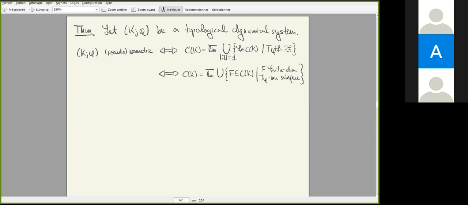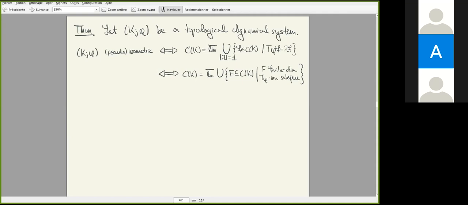Well, one of the things that makes sense to do is to have a look, first of all, at how one proves this characterization. And this characterization is proven by using the following equivalent characterization.